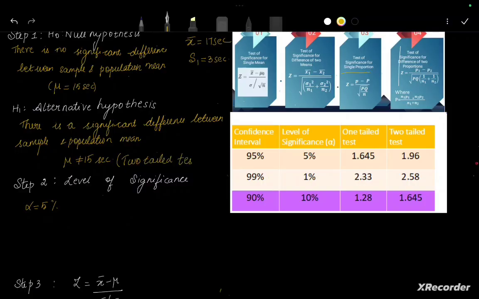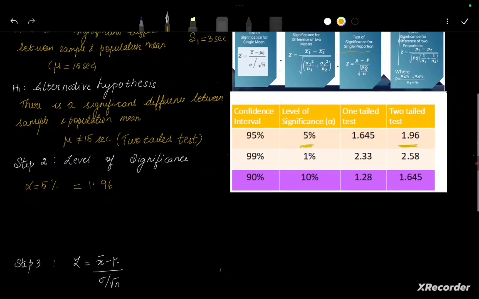Only if you have less than or greater than do you have a single tail test. Since your alternative hypothesis is not equal, it is a two-tailed test. Here you have the table, and for 5% level of significance in a two-tailed test, the table value is 1.96.